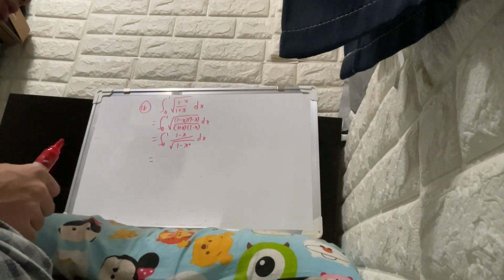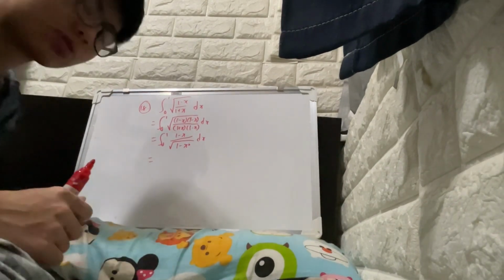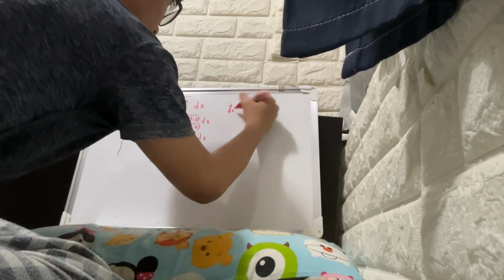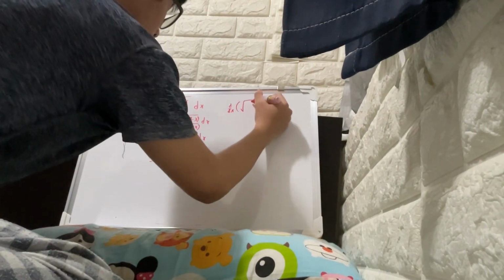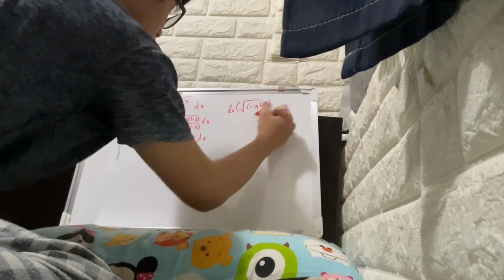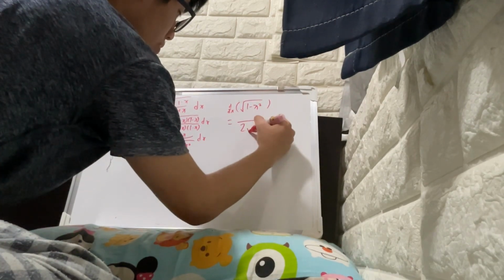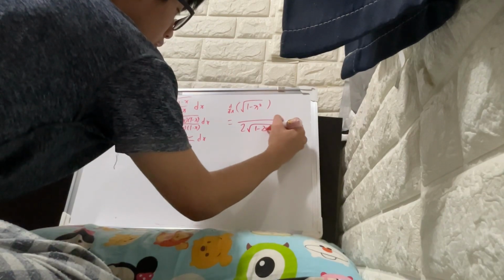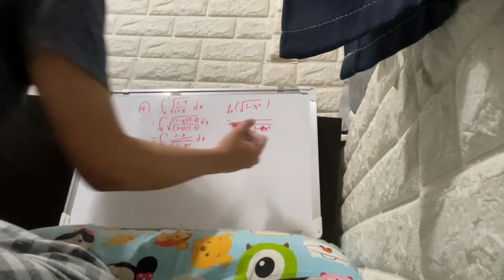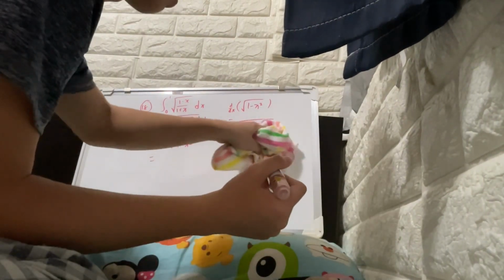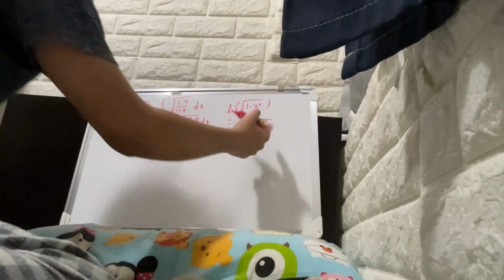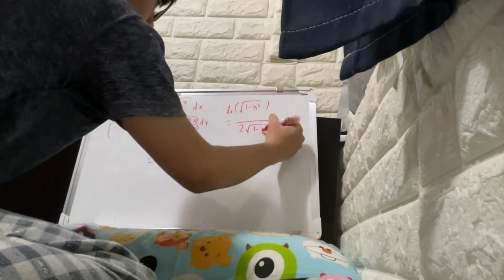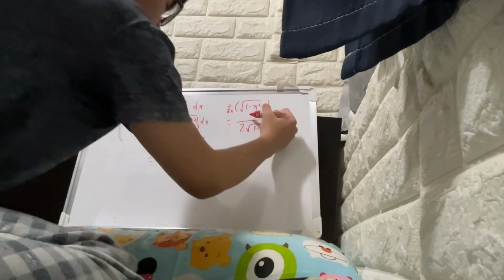Okay, how can we integrate it? I would like to split it into 2 fractions here. We know the derivative of square root of 1 minus x squared is equal to, first you get 2 times the square root of inside and multiply by the inside chain rule.